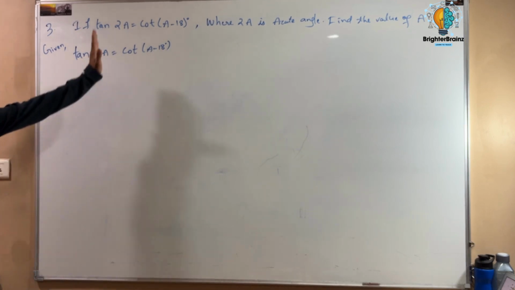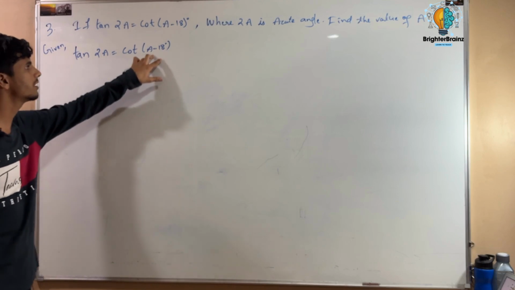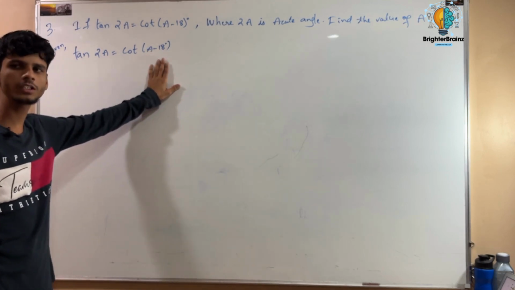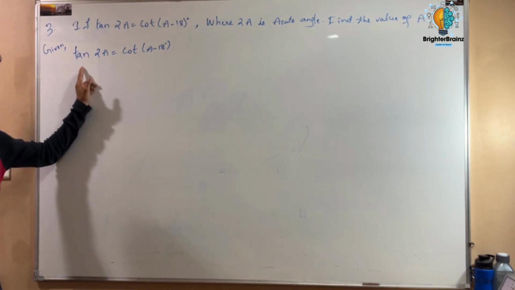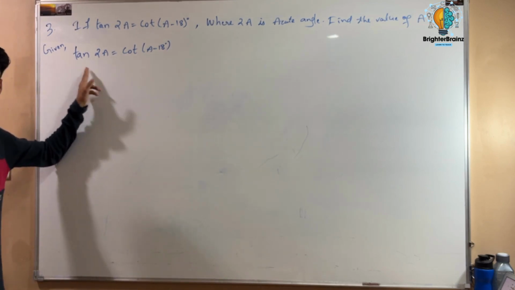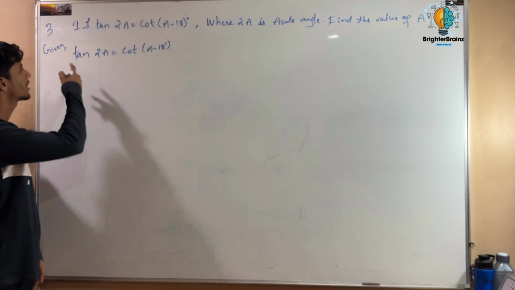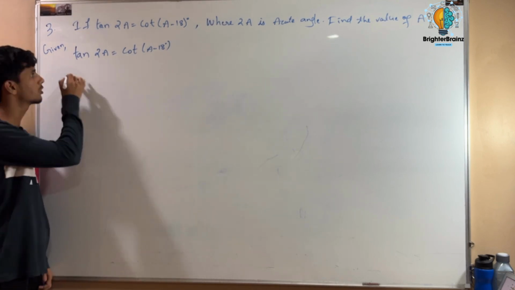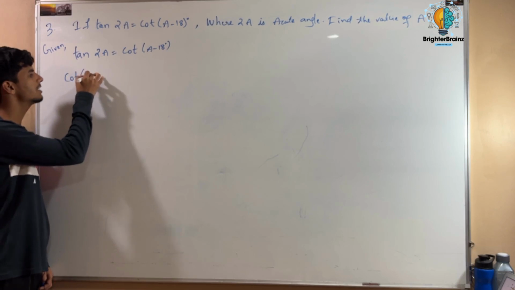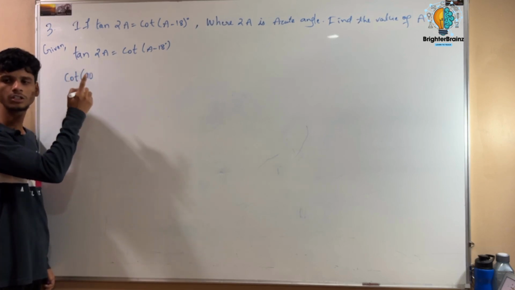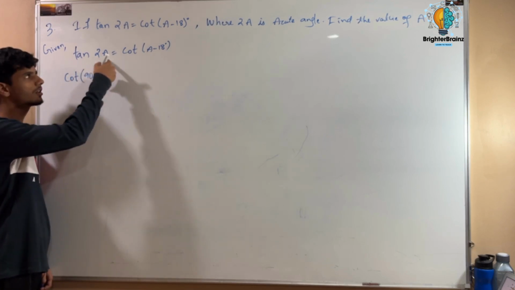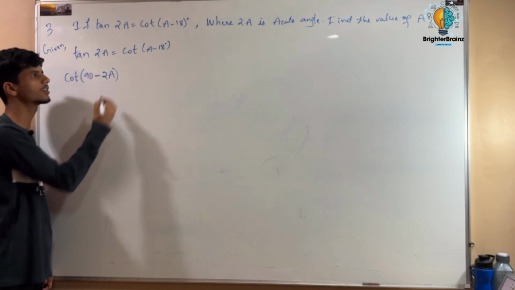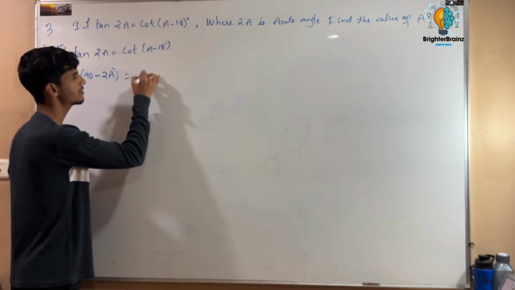We have to change one of the ratios. This one is already cot, so it is complicated to change; can we leave it and change this one instead? We can change this ratio. So tan x can be written as cot of 90 minus x. Tan x is equal to cot of 90 minus x. What is x here? 2a. That is 90 minus 2a, and the RHS will be the same.